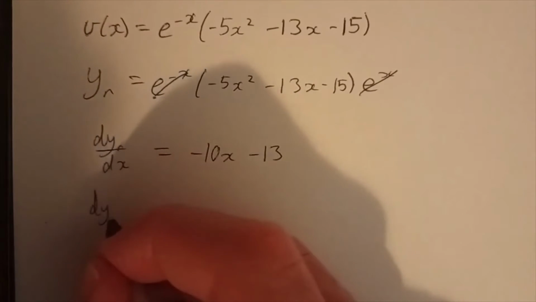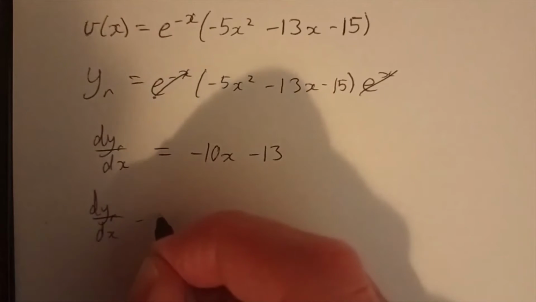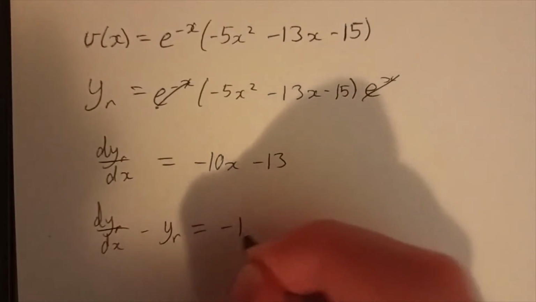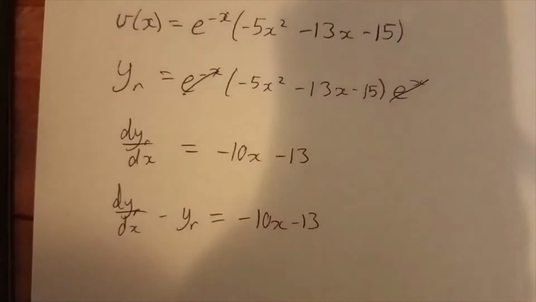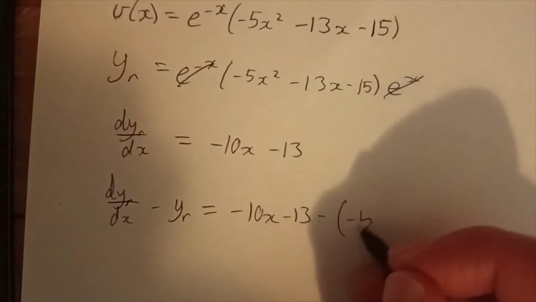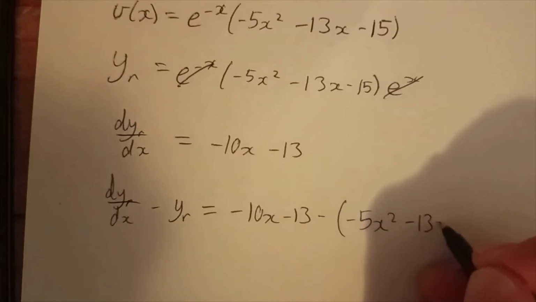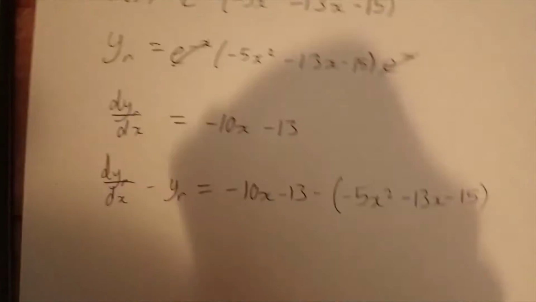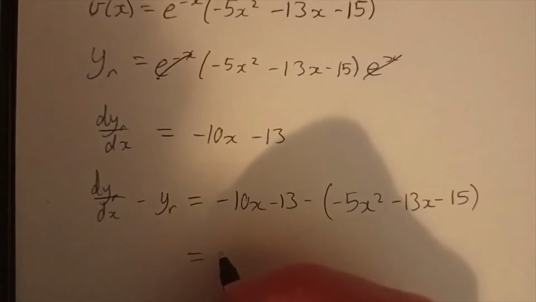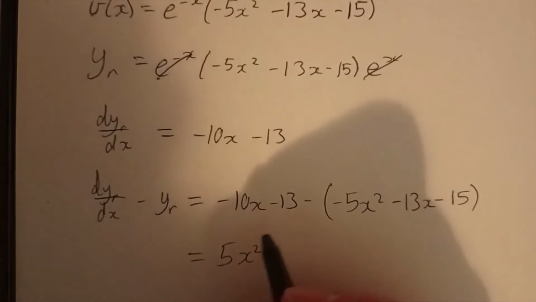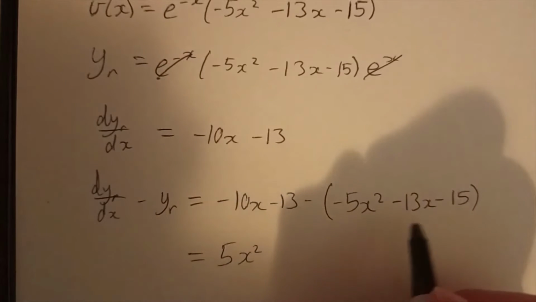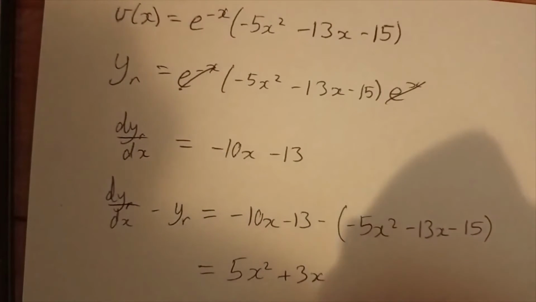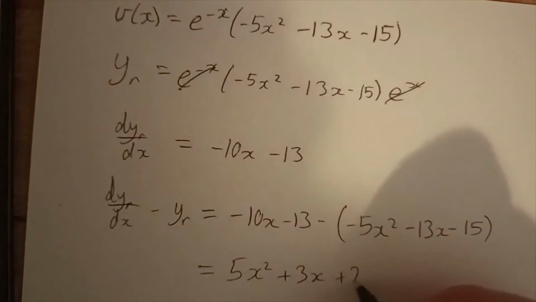So dyp/dx minus yp will then equal negative 10x minus 13 minus negative 5x squared minus 13x minus 15, which is equal to 5x squared plus 3x plus 2.